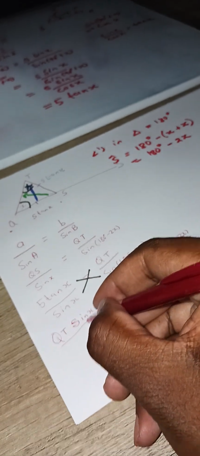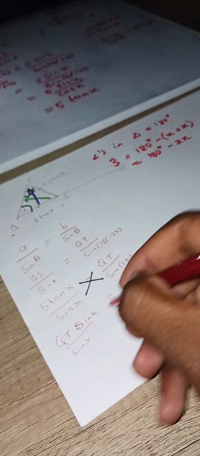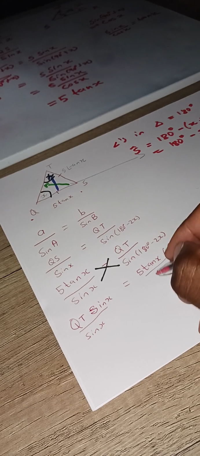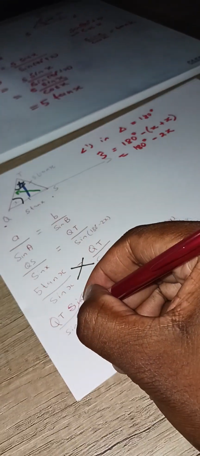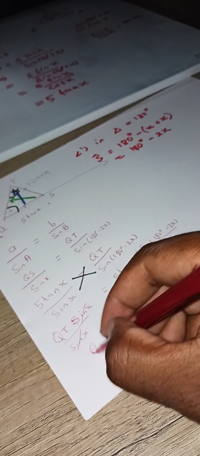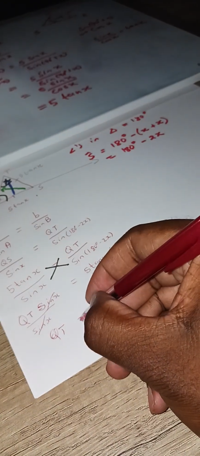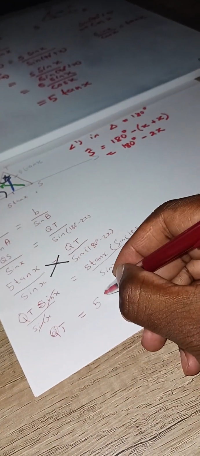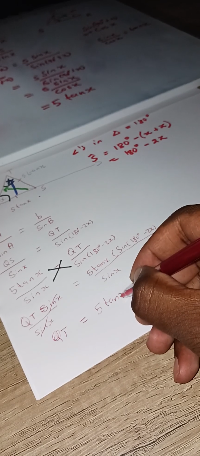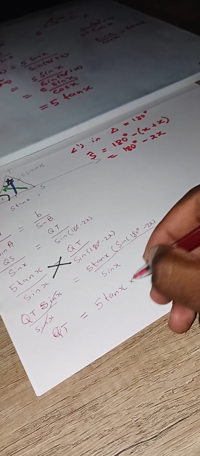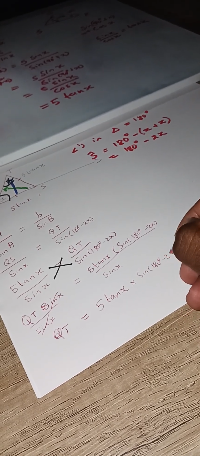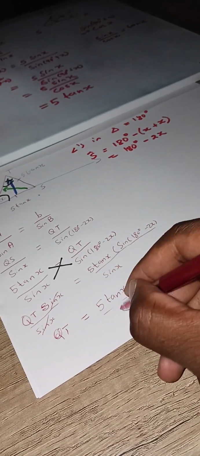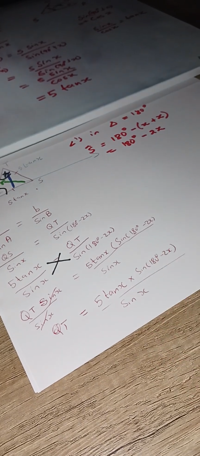Now, we can divide both sides by sine of x. This sine x and this sine x will divide to give you a 1, and you're left with QT equal to 5 tan of x multiplied by sine of 180 minus 2x, all over sine of x.